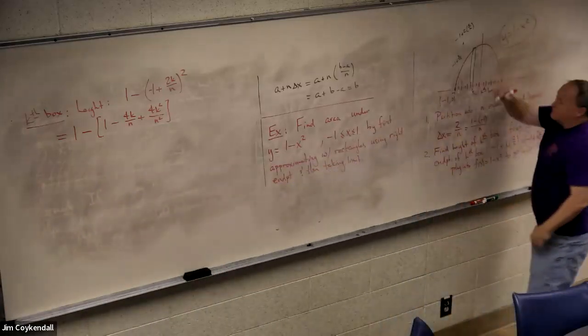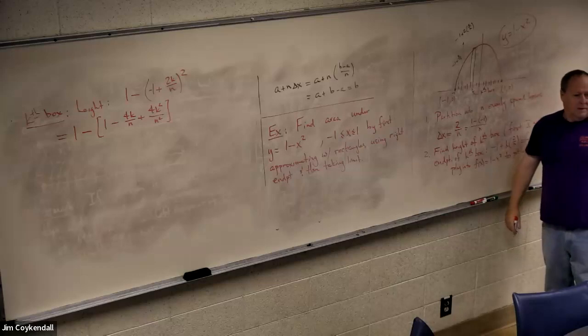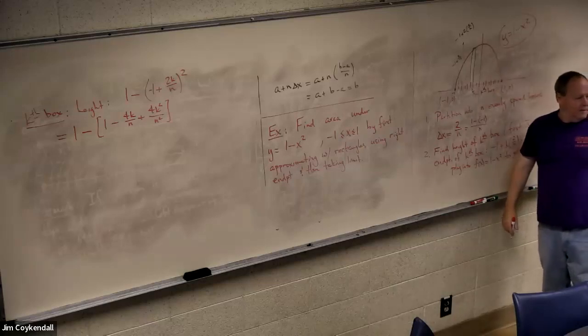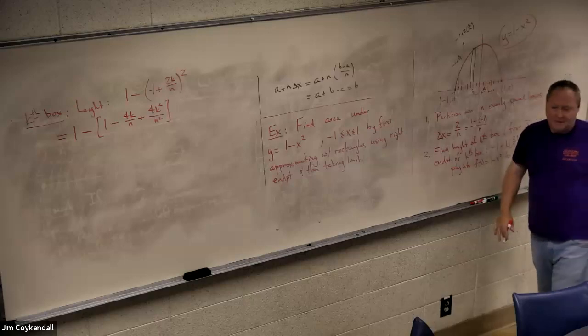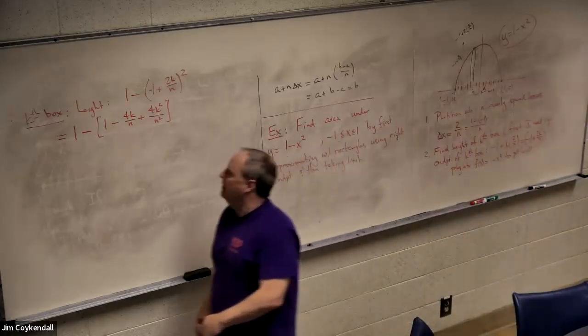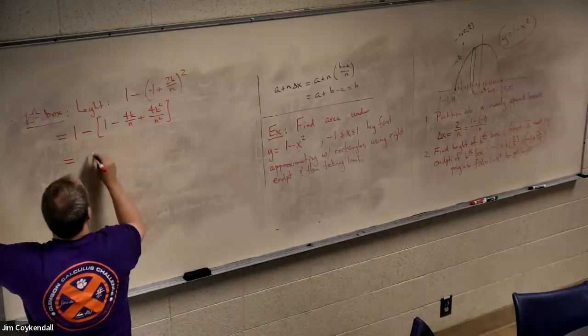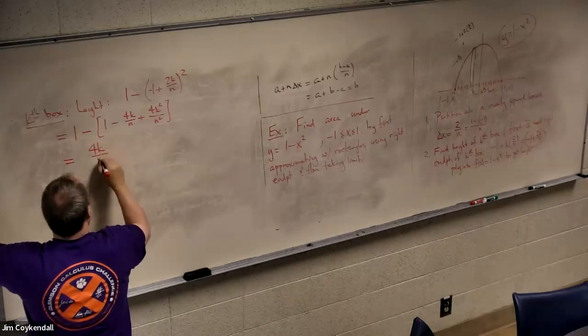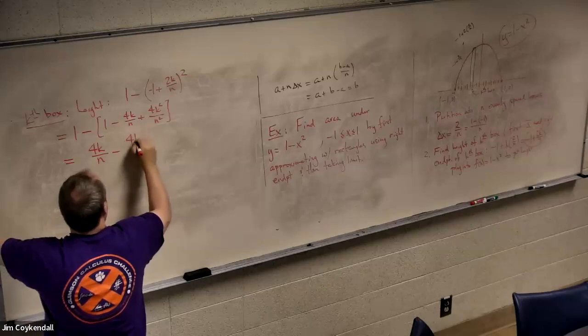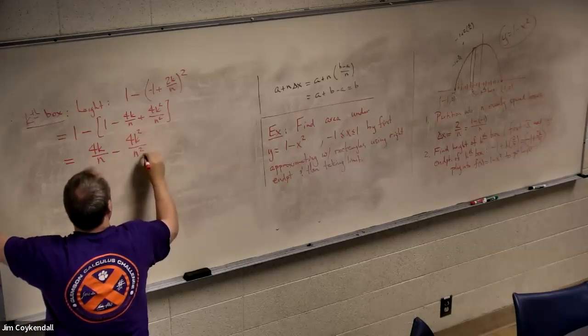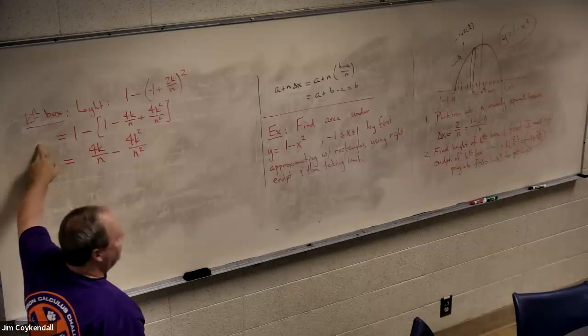Everybody still with me? Okay, so 1 minus 1 is 0. This is going to be 4k over n minus 4k squared over n squared. This is the height.